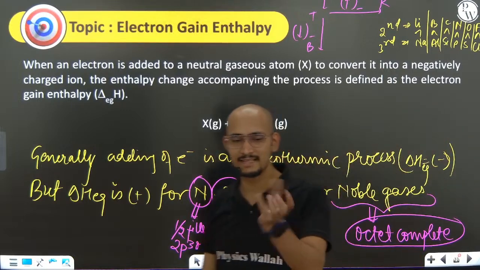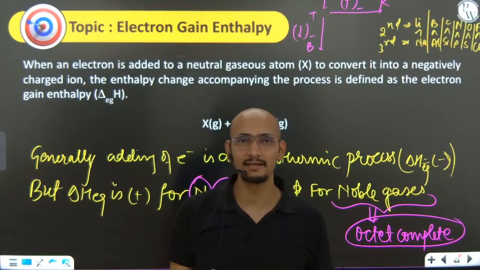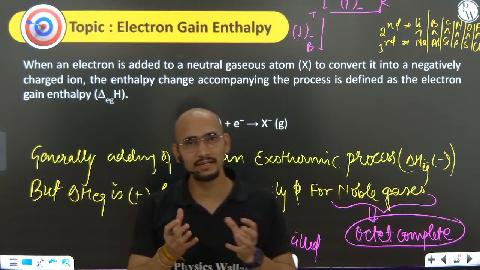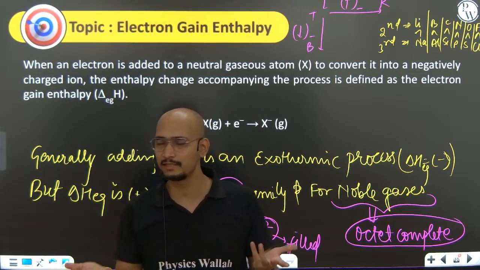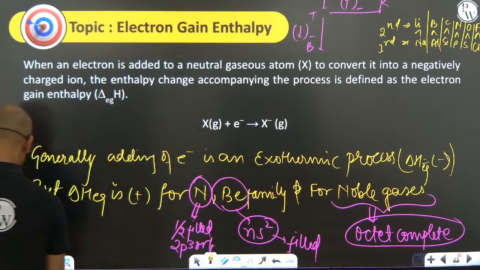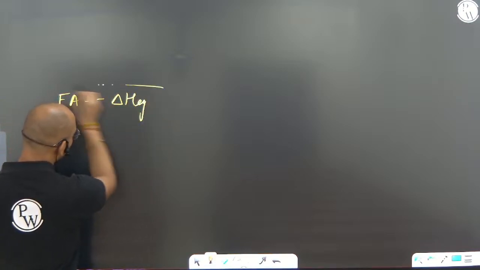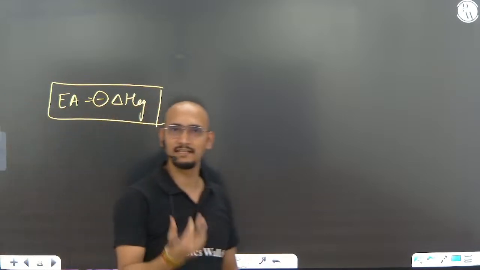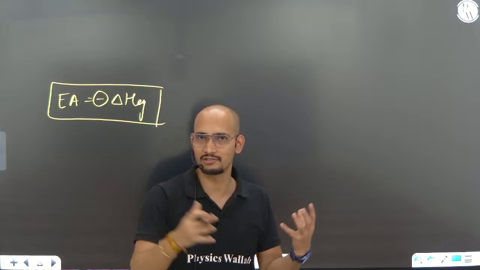But this same physical property, we also measure in some other way, or we also call it by another name, that is electron affinity. The more the affinity for electrons, the more the electron affinity will be. Sometimes we give electron affinity EA equals negative of delta H eg. Here delta H eg is just with the negative sign, because delta H eg deals with sign, that is, energy difference or energy transition.